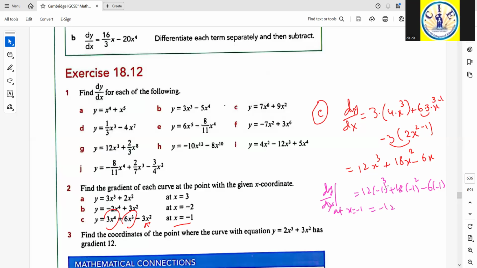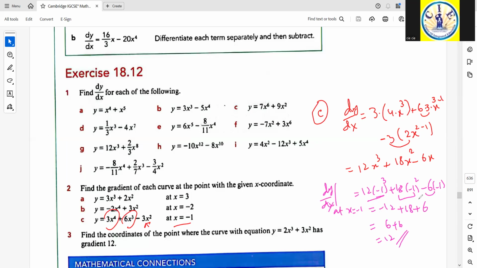So this will give us negative 12. Then this would give us positive 18. And this also gives us positive 6. So which is 6 plus 6, 12. That's how we had to do question number 2.